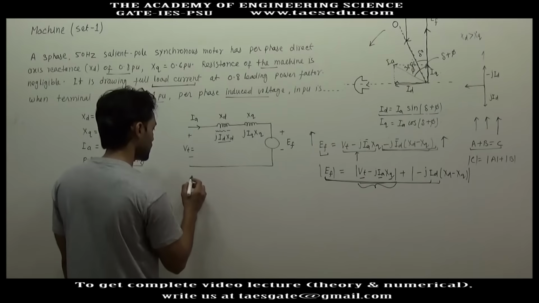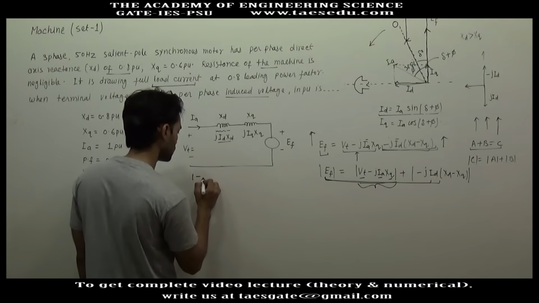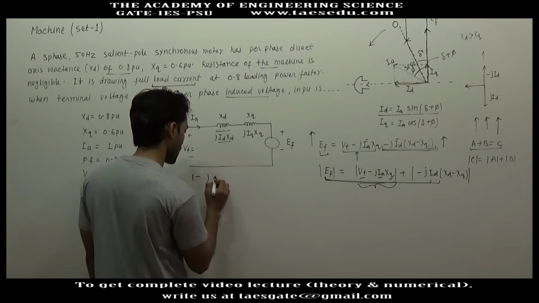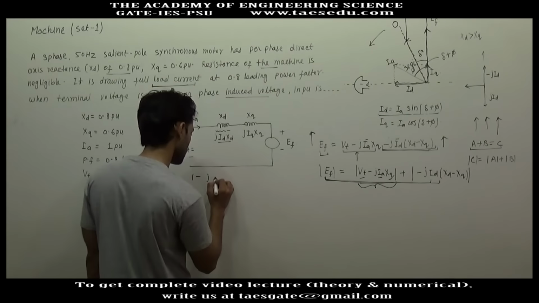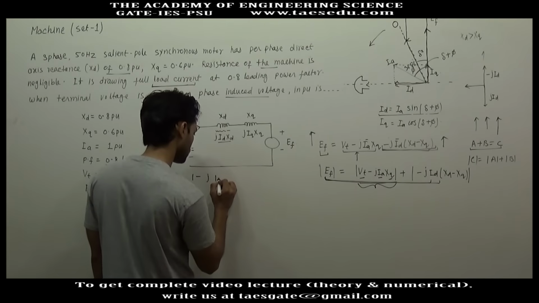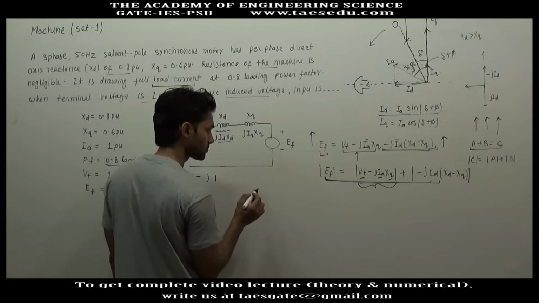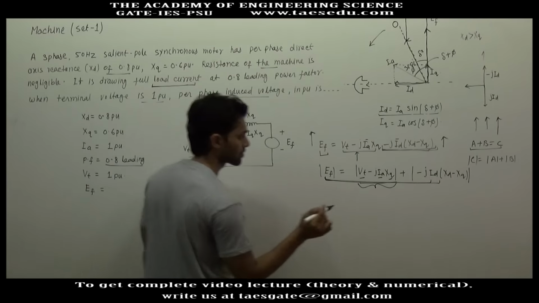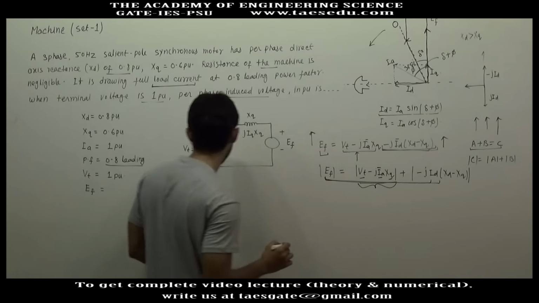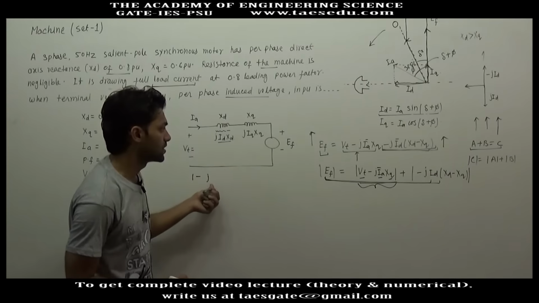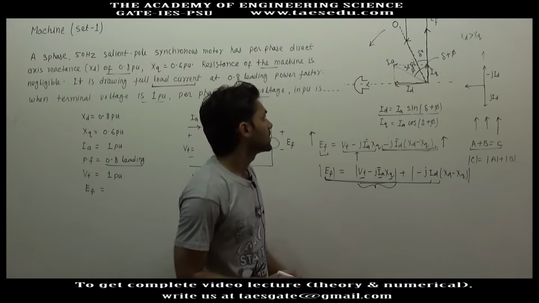Okay, so Vt is 1 pu minus j, Ia is, the magnitude of Ia is 1 pu, and Xq is, here we have vector Ia. So Vt is 1 minus j, and what is vector Ia?